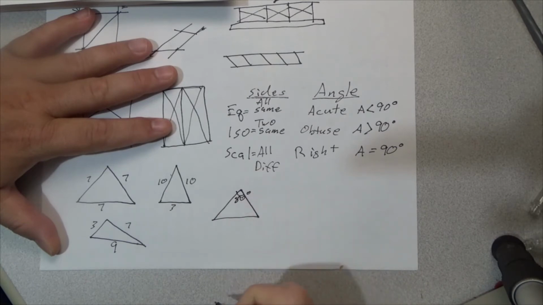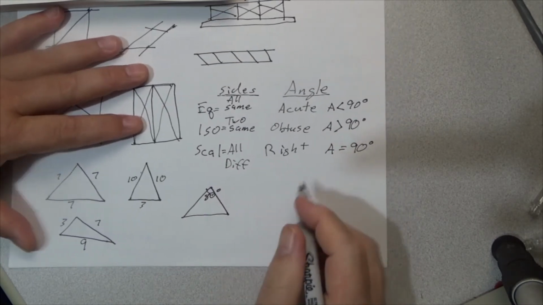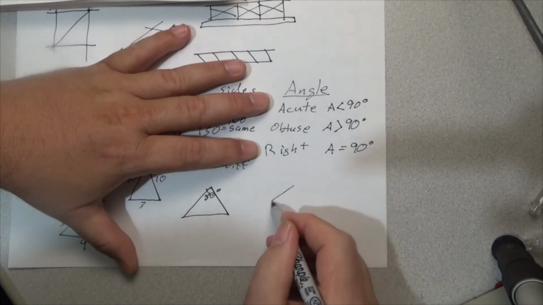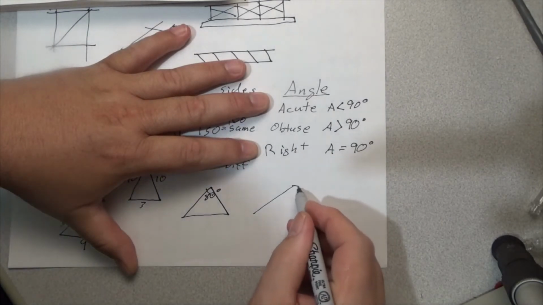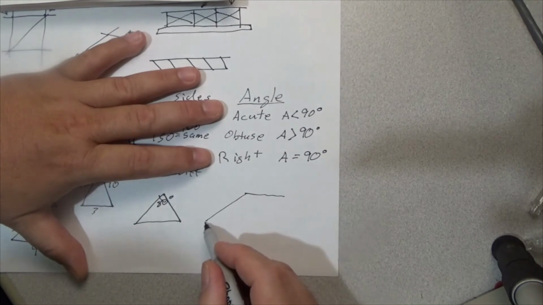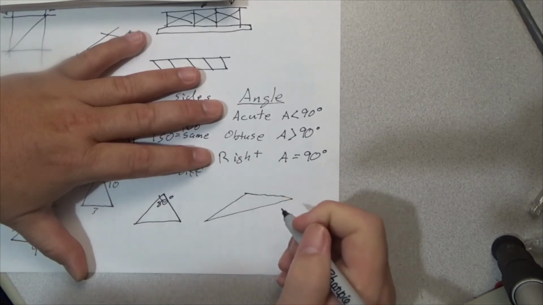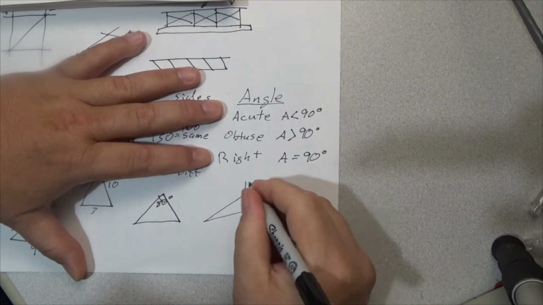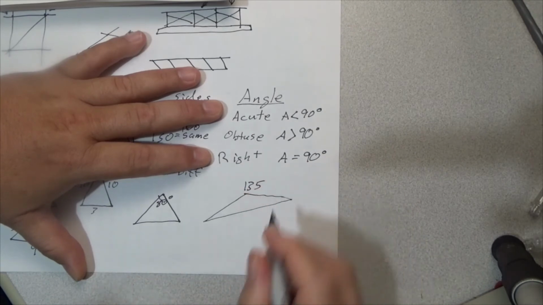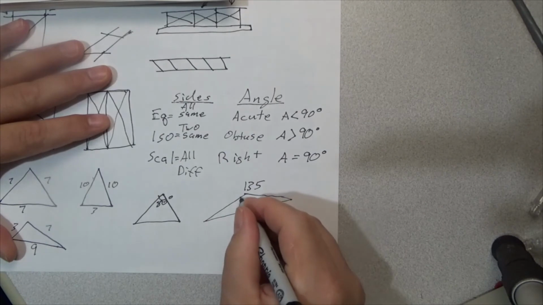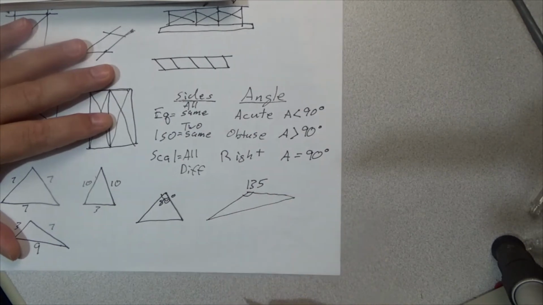This is an acute triangle. Now when we've got the biggest angle is more than 90, let's say this one's, I don't know, this looks like it might be close to 135. This would be an obtuse triangle.